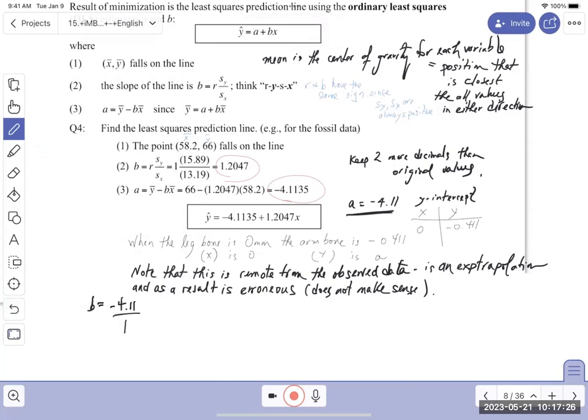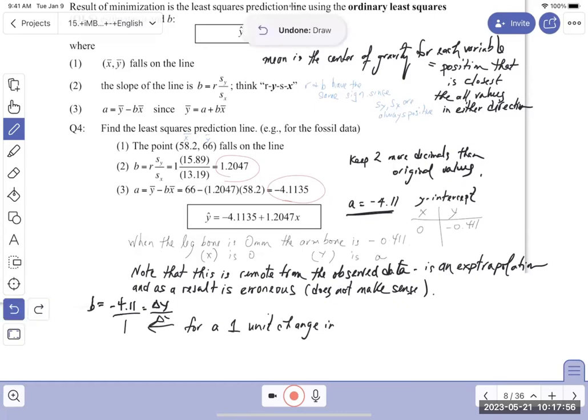So see it like this and say, for a 1 unit change in, remember, because this is the change in y over the change in x. So for a 1 unit change in the femur, I'm going to say increase. Let's do increase.